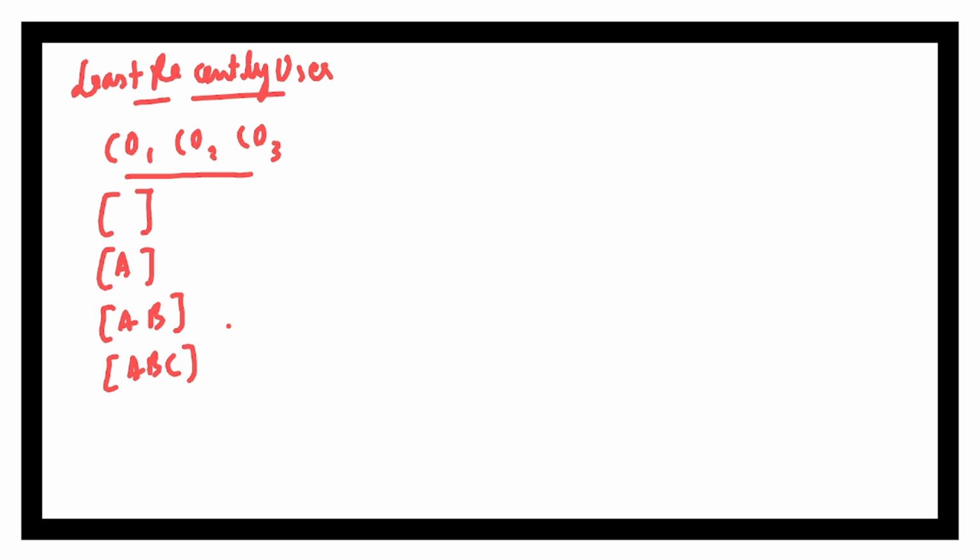Now if we want to load item D into the cache, which will be replaced? A will be replaced because it is least recently used. First we used A, then we came to B, and then we came to C. So at this point of time, which is least recently used?